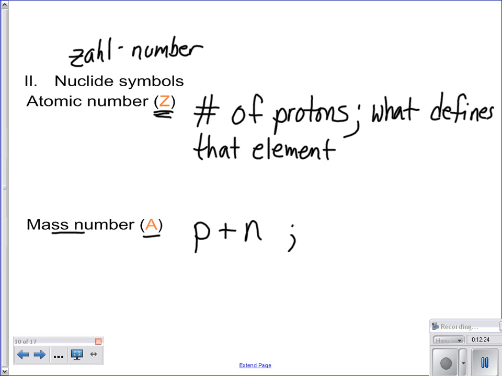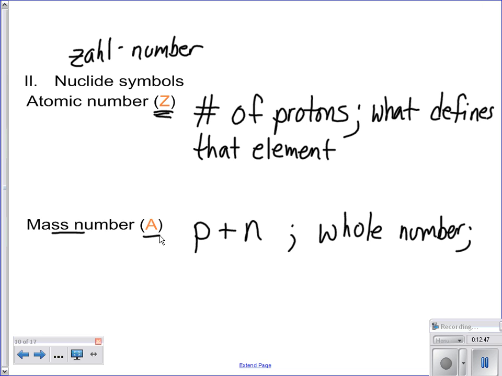Well, protons are whole numbers, neutrons are whole numbers, therefore protons plus neutrons would equal a whole number. It would not be a fraction of a number. If you happen to look at the periodic table right now, the one that I have in class has these red numbers that have decimals to them.